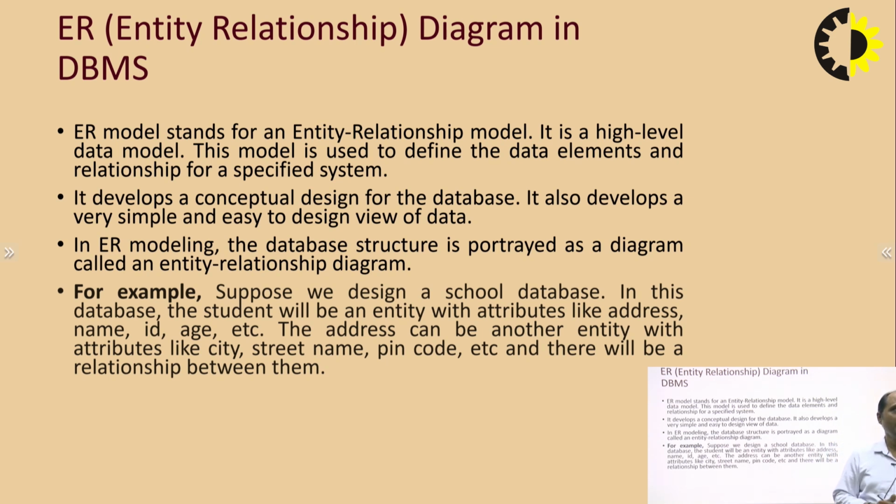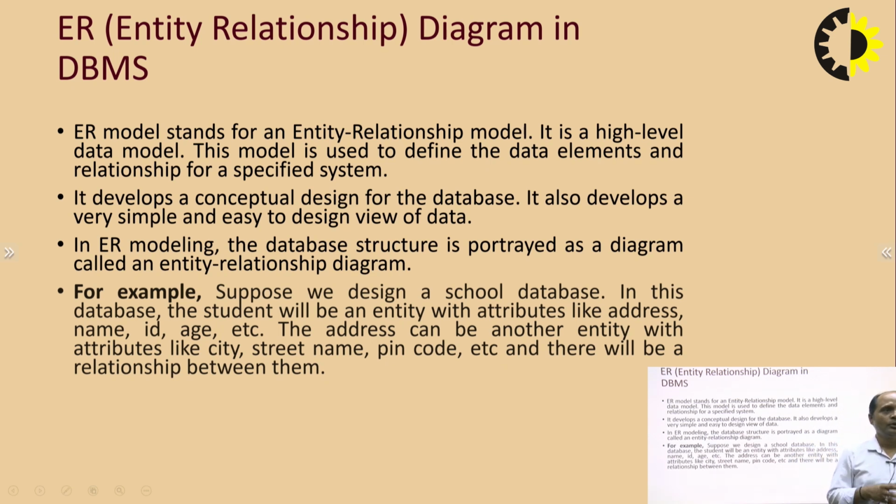What is ER? E stands for entity and R stands for relationship. It is a high level data model with which we can define the data elements and the relationships in the specified system. We can develop a particular ER diagram.